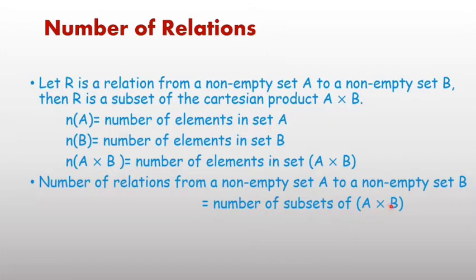Since A cross B represents a set, the number of subsets, which is the same as the number of relations, is equal to 2 power n(A cross B), means 2 power the number of elements in A cross B, which is also equal to 2 power n(A) into n(B).